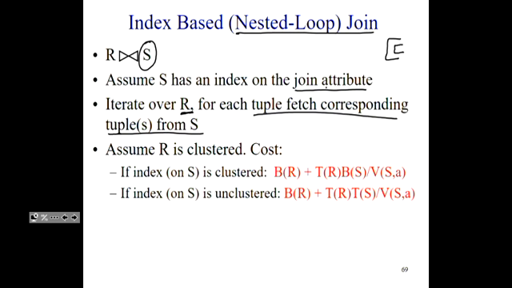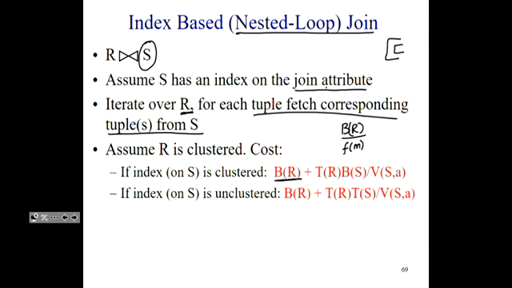In this case, you don't need to read S as many times as B of R divided by some function of M or N, which is a number of blocks. In this case, it's slightly different.